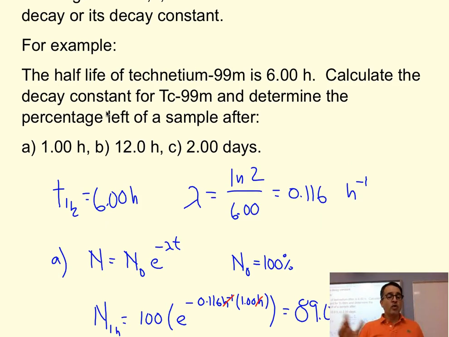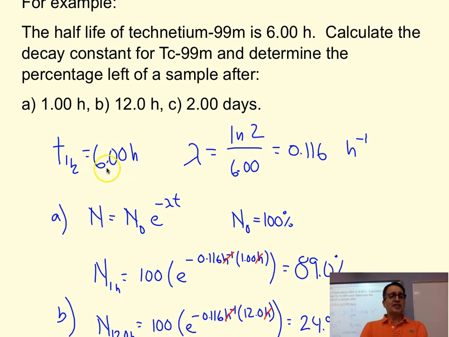If we have a question where they tell us the half-life of the metastable technetium-99 is 6 hours, calculate the decay constant and how much is left after certain amounts of time. Well, easy.